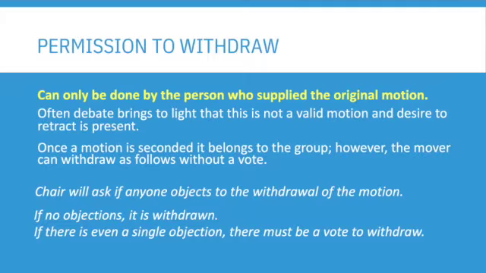Once it belongs to the group after the second, the mover can withdraw as follows without a vote. The chair will ask if anyone objects. Let's say the mover says, I would like to withdraw my motion. If no one objects, it's withdrawn. If there is a single objection to the maker of the motion withdrawing it, you must vote.